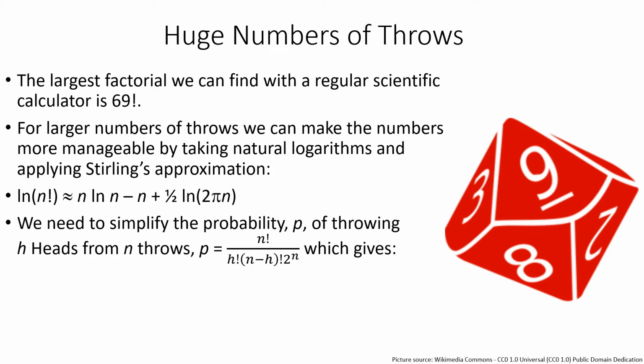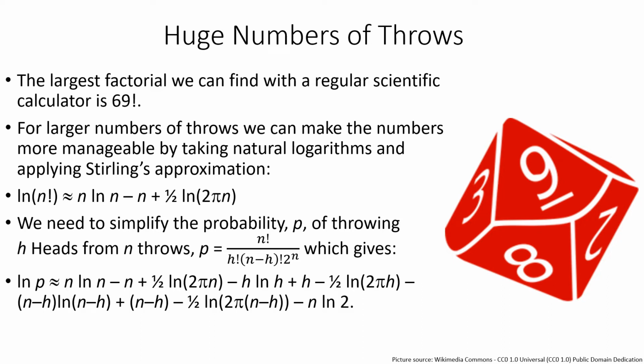Ultimately we need to find this probability of throwing h heads from n throws. You see the same fraction there we've seen before, except we've also got 2 to the power n on the denominator, and this is just dividing the number of ways of throwing the heads and tails by the total number of outcomes.